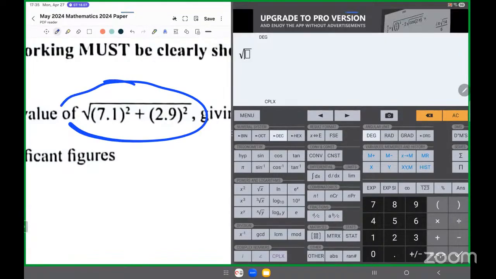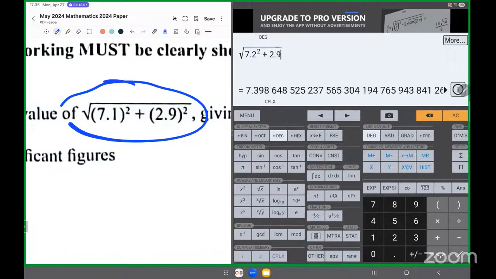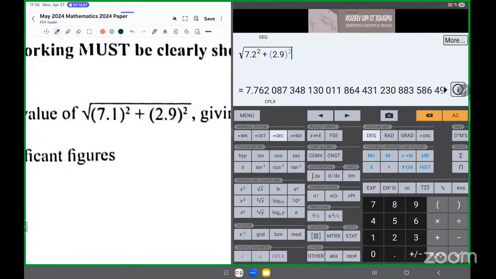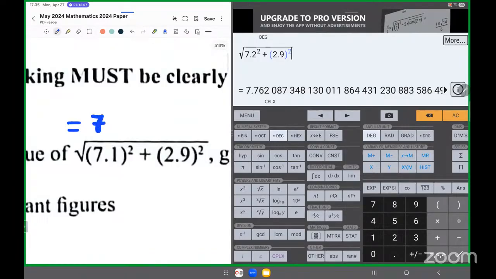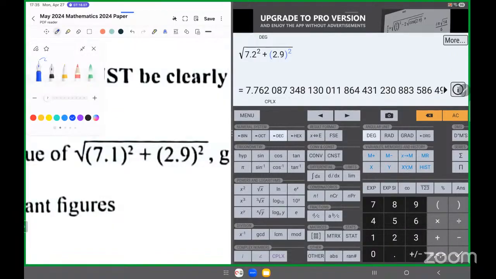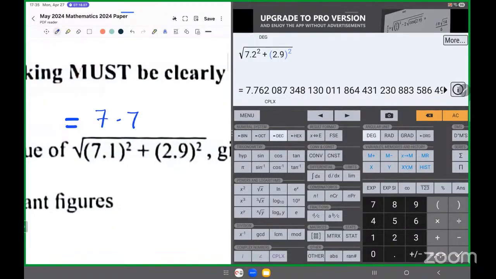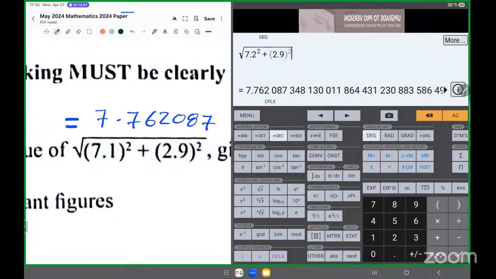That's the square root of 7.1 squared plus 2.9 squared. That works out on the calculator to be 7.76287 and so on.